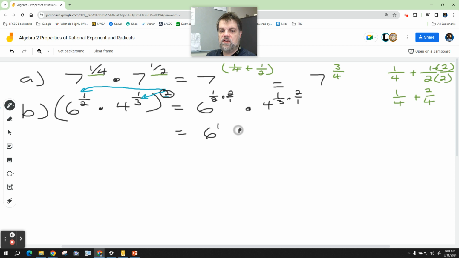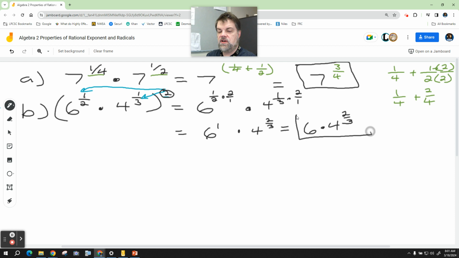This one becomes 4 to the 2/3. And so you could just leave this as 6 times 4 to the 2/3. My 2, that doesn't look like a power, does it? It almost looks like 4 2/3. So let me do a little bit better job. Okay, this is our answer for part A. This is our answer for part B.